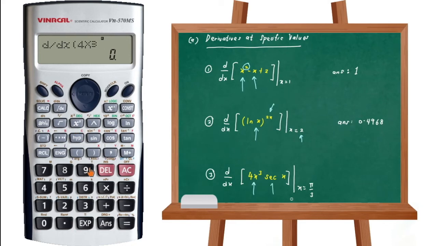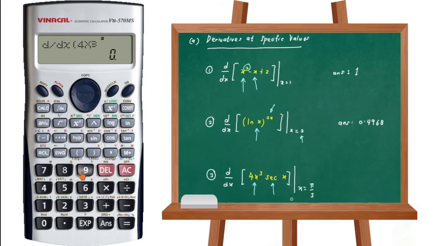What we need to do next is to include this function secant x in the calculator. However, this calculator doesn't support the feature to display the function secant x directly. So what we need to do is to make use of the trigonometry identity and also the features available here, which are sine, cos, tangent, to help us represent the function secant x.